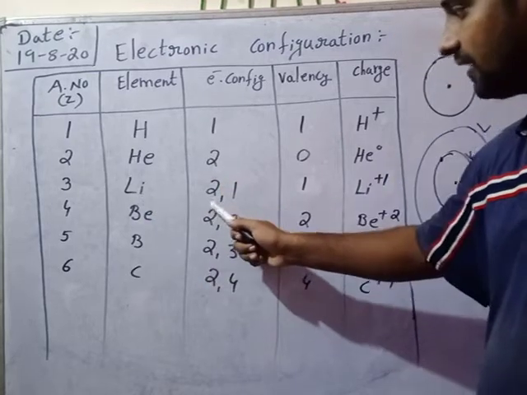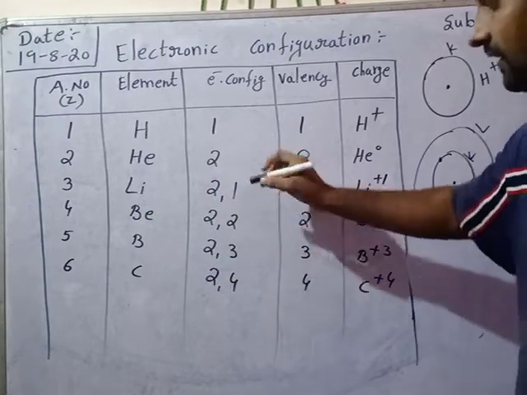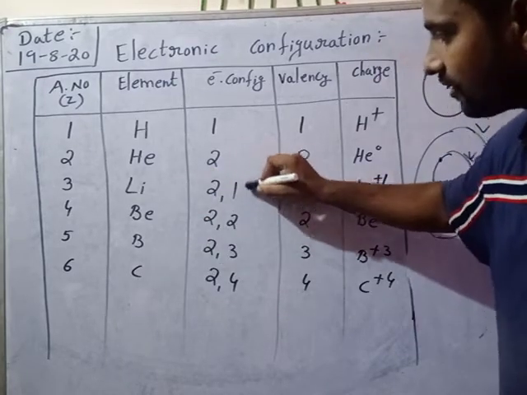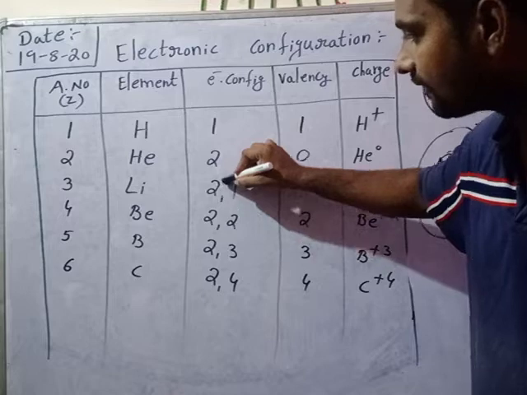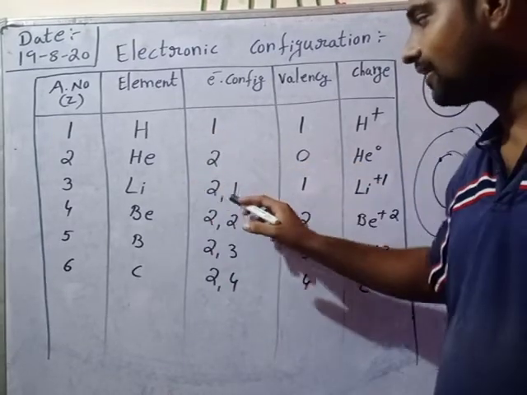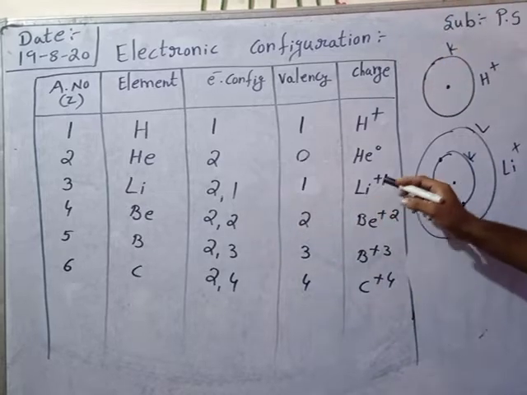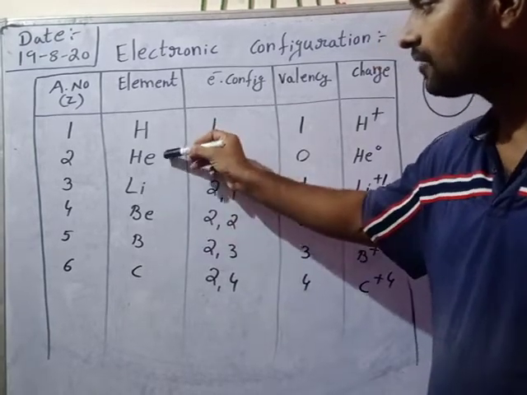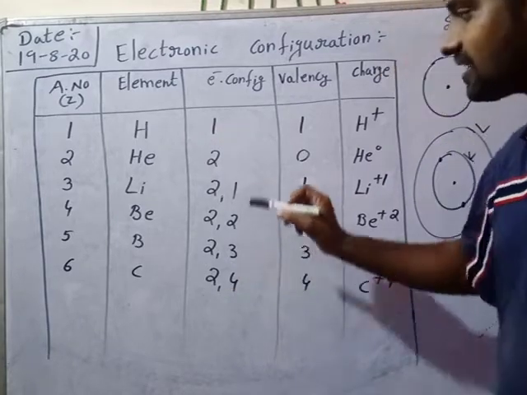Lithium electronic configuration is 2, 1. If lithium loses 1 electron, it reaches the electronic configuration of helium. So lithium always loses 1 electron, so lithium has plus 1 charge. Clear all of you?